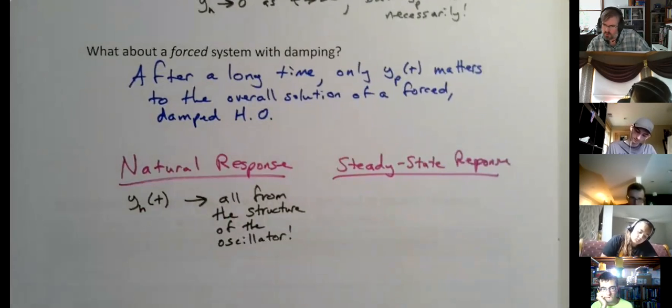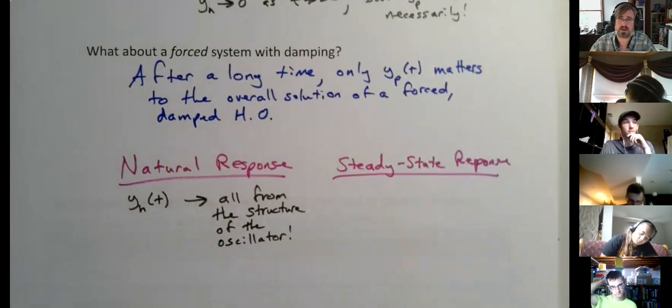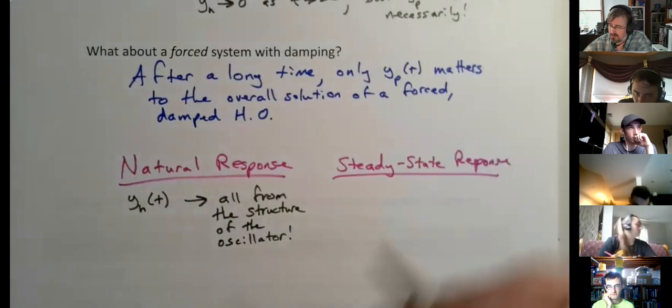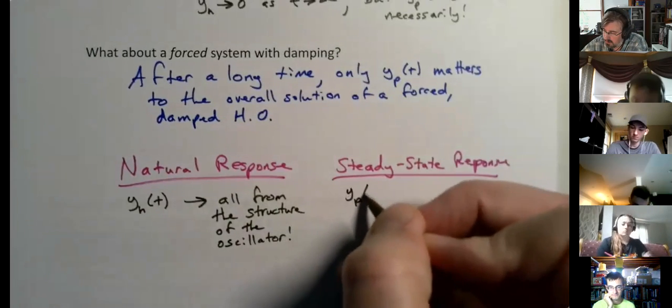You're going to have to look at what damping there is going on with the oscillator, whether there's any friction going on, and you're going to have to look at how much mass is on the spring. But it's all kind of self-contained. So the natural response is literally, naturally, how does this thing behave? In the absence of anything else external, how does this thing behave? That's the natural response. The steady state response, however, that's the y sub p part of this.